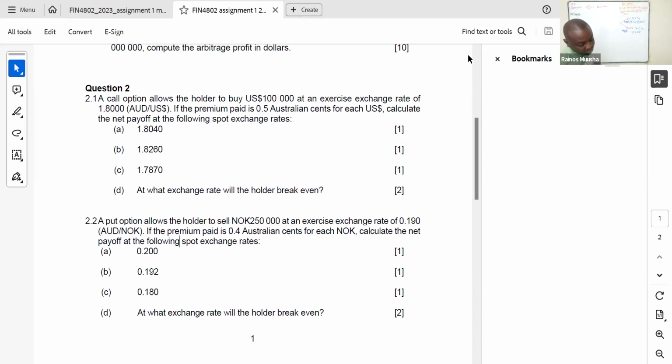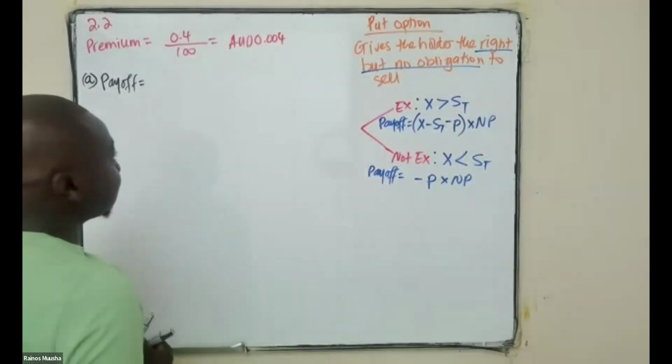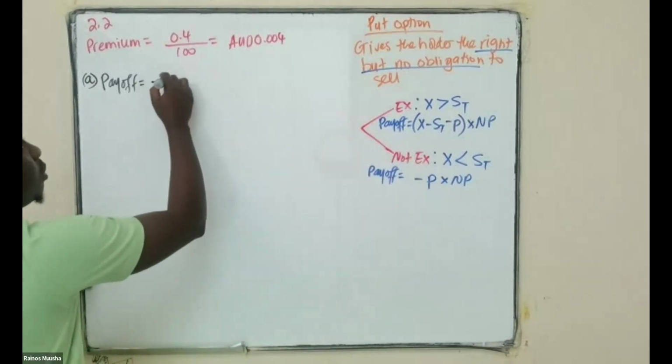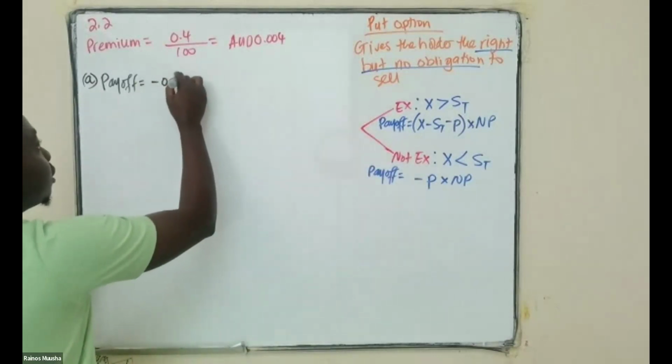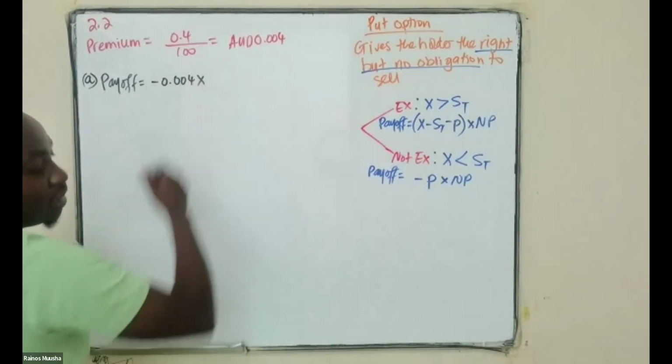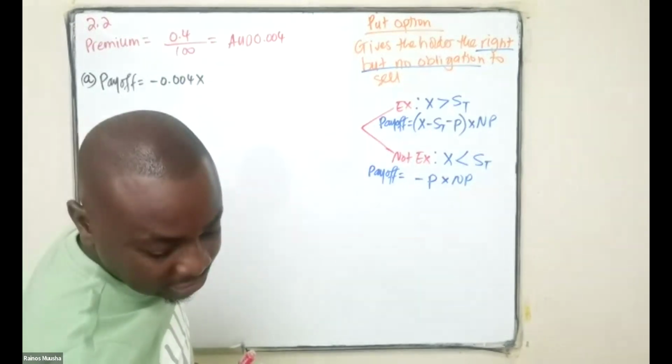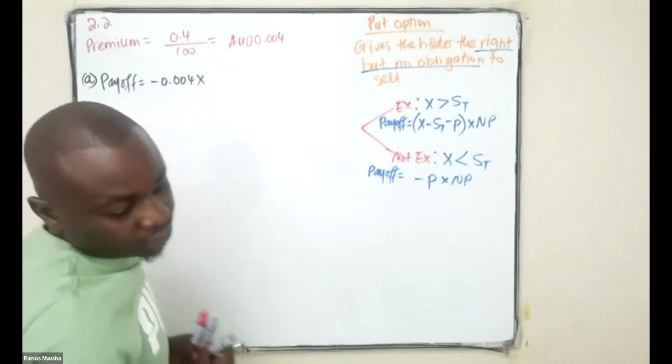So we are not going to exercise the option, which means we walk away, which means our net payoff is going to be the loss on the premium of 0.004 multiplied by the notional principal, which is the number of units of foreign currency. And in this case, it's 250,000.